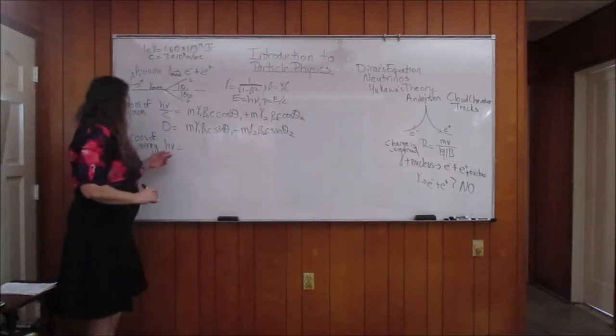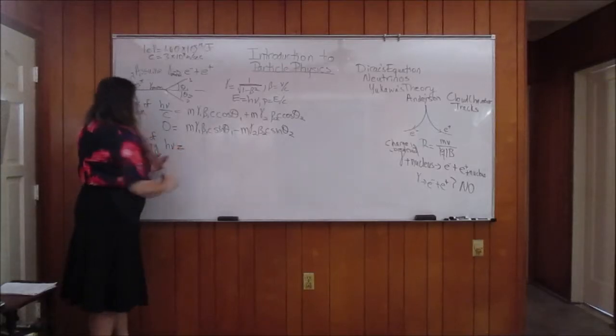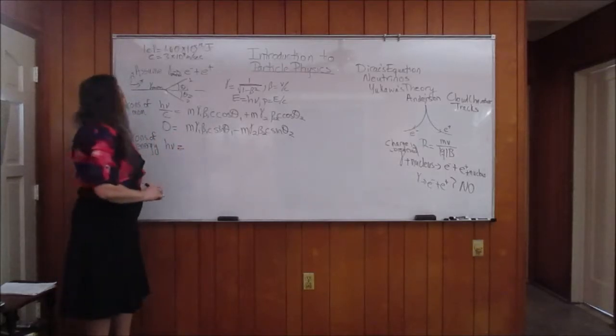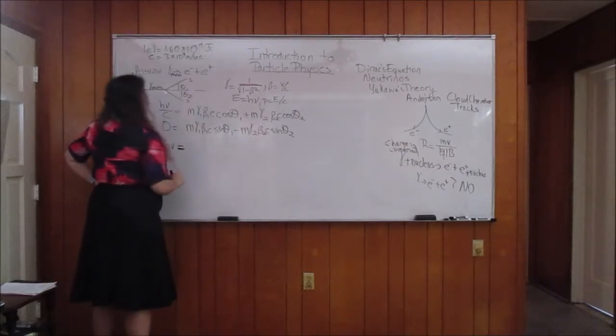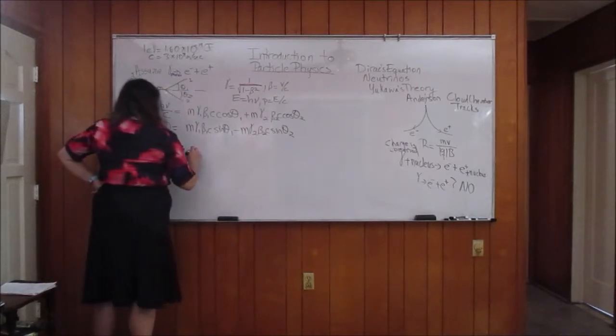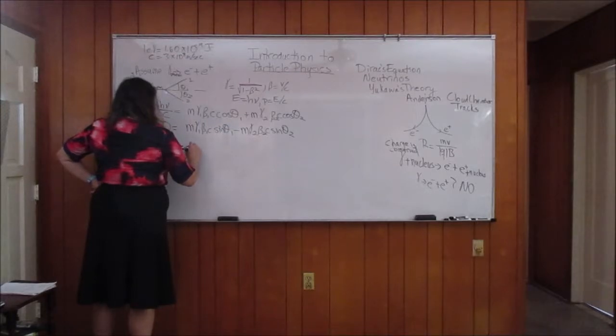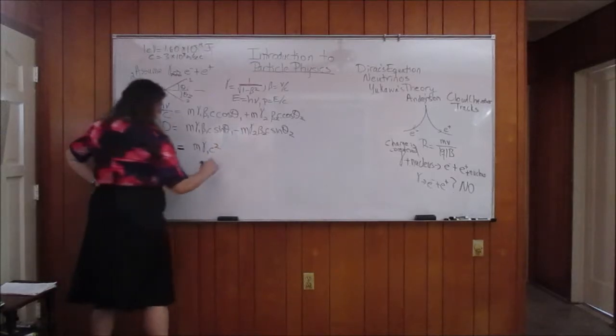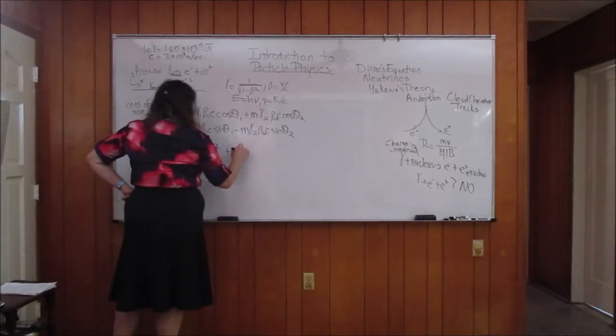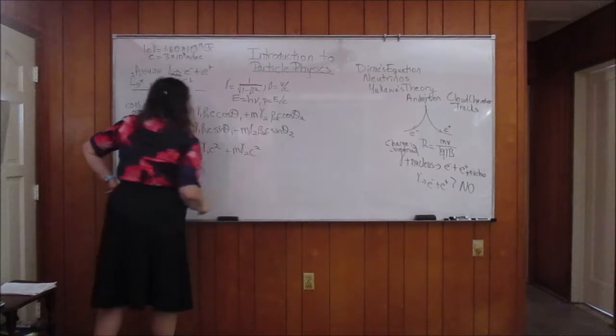The energy of the photon is just equal to Planck's constant times the frequency, and then we have the contributions from the two particles on the right, so that's mass times gamma 1 times c squared plus mass times gamma 2 times c squared.